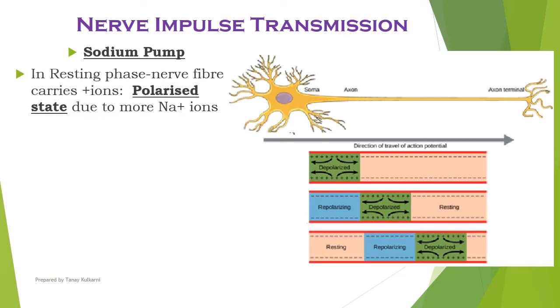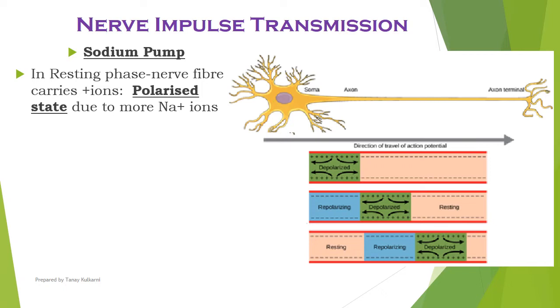Always remember that when the sodium ions are present outside the axon, the state is called the polarized state. Come to the first pink color row. The negative ions are present inside, so the area shown in pink color is called the polarized state because there is no impulse, right?